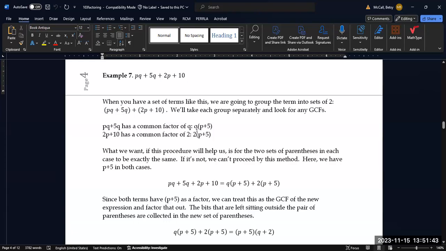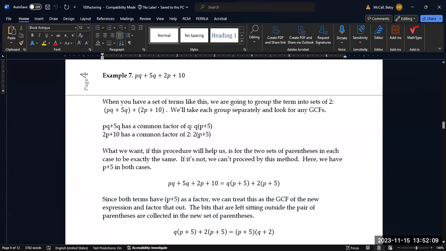And so I can factor the q out and rewrite those 2 terms as q times p plus 5. And in the second 2 terms, 2p plus 10, there is only a 2 in common. So I can factor that out from those 2 terms, and the parentheses that I have left is p plus 5.